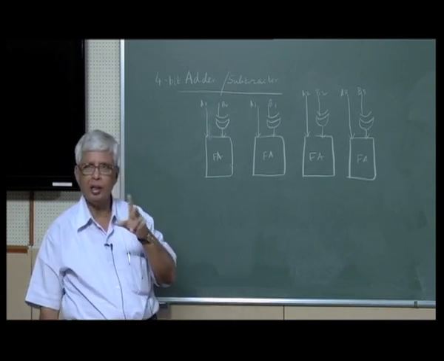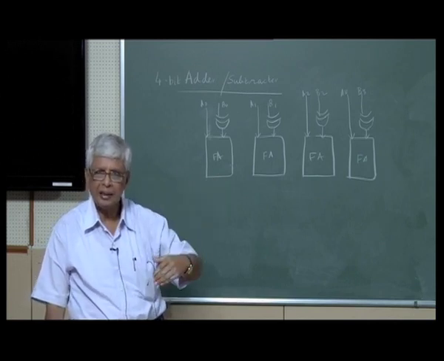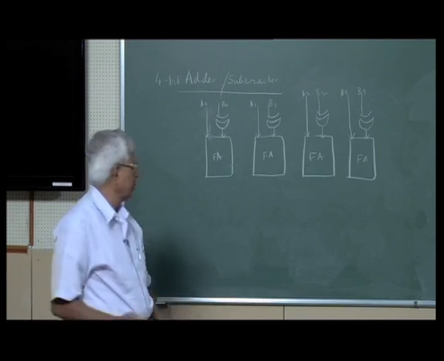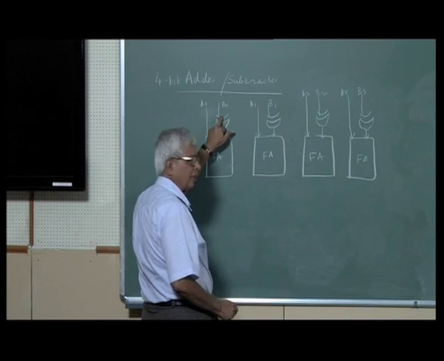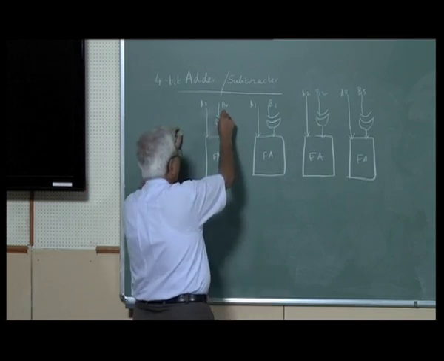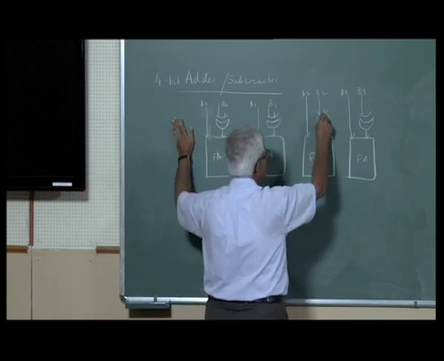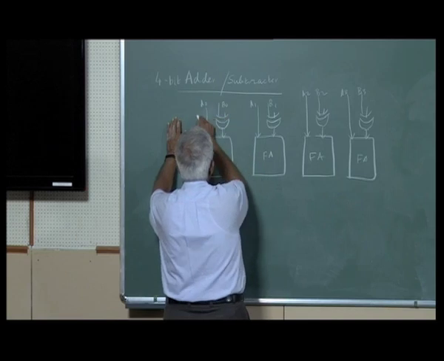So I want two functions from the exclusive OR gate, pass it directly or invert and pass it. So I only use one input of the exclusive OR gate. The other input of the exclusive OR gate, I will connect them together.